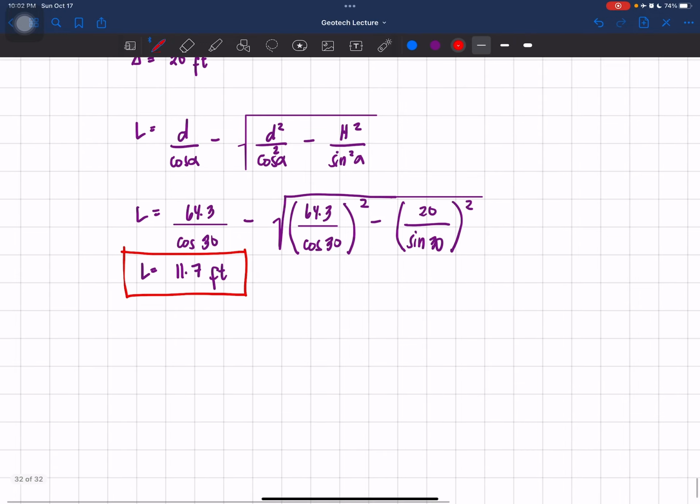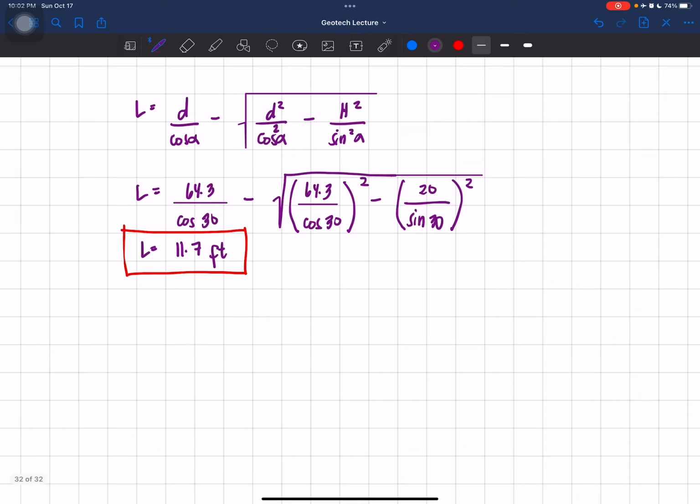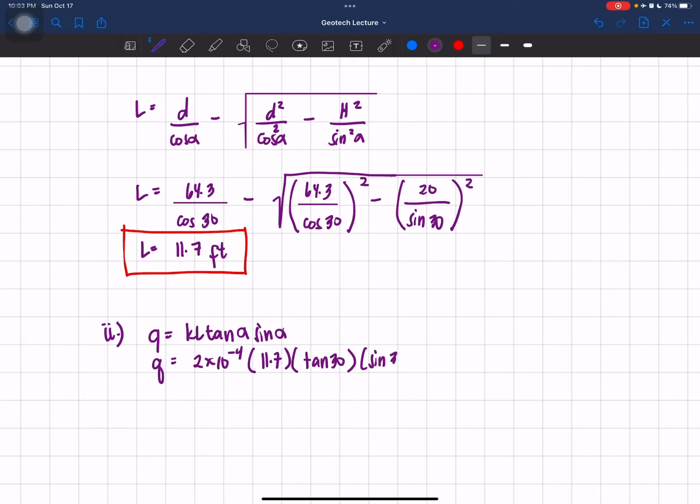Okay, let's proceed to the next question. The next question is the seepage at the earth dam. That is given by KL tangent alpha sine alpha. So what is now your Q? That is just direct substitution, k times 10 to the negative 4, multiplied by L, that is 11.7, multiplied by tangent of 30 and then sine of 30.